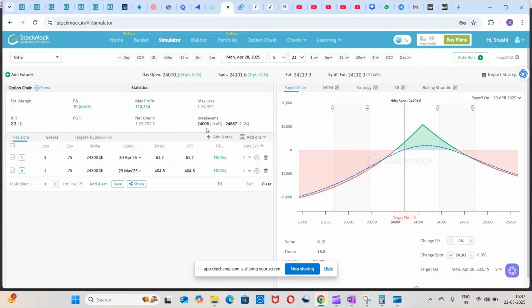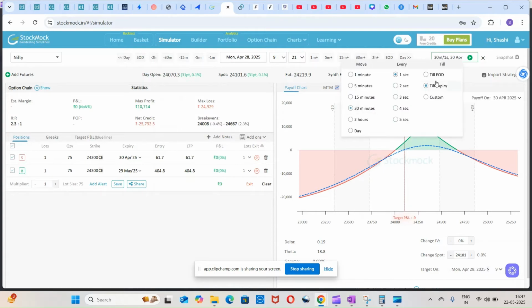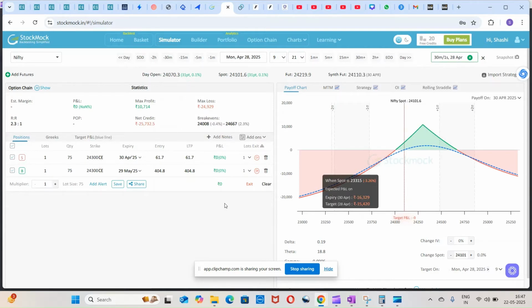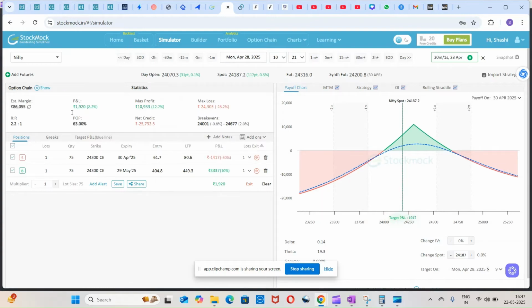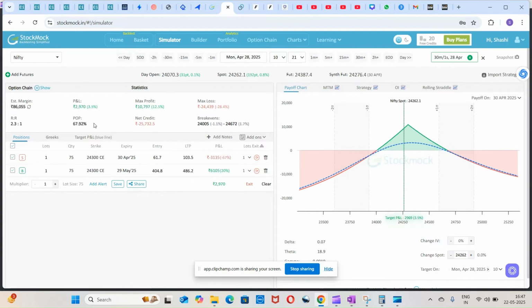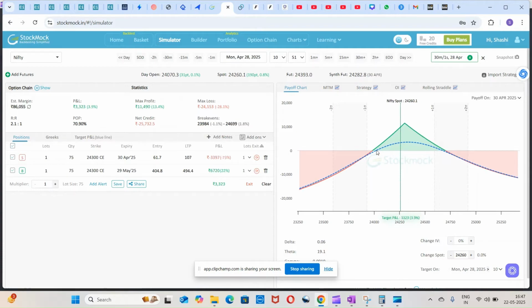Let's test this strategy now, every half an hour till end of day. It was a slightly bullish day, so it started making profit from the beginning. As long as it stays within this range, you're going to make money.